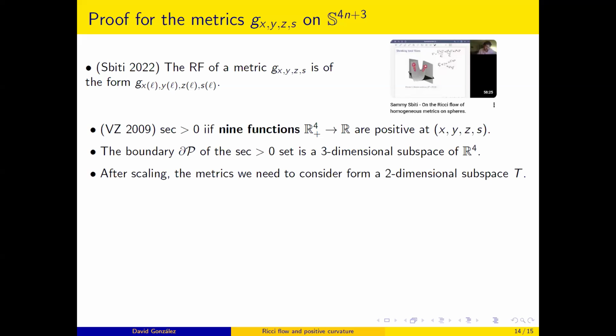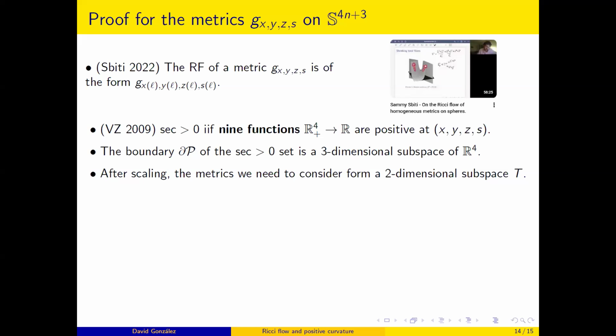So we need to look at a lot of metrics. In the two previous cases, the Berger space and Berger metrics on the spheres, we had a 2-parameter family of metrics, but we just had to look at one metric. Now we have a 4-parameter family of metrics. We have to look at a lot of metrics in a subset of dimension 2.